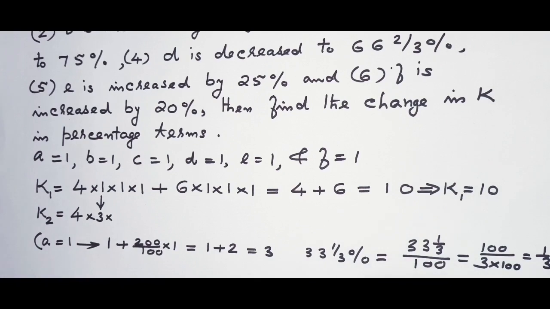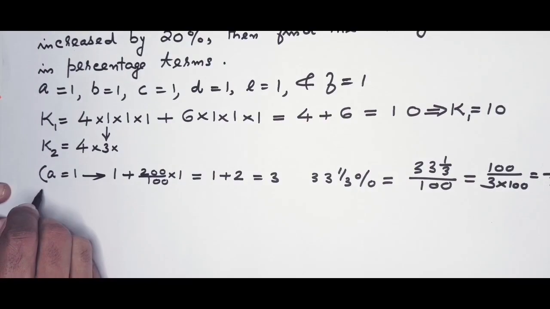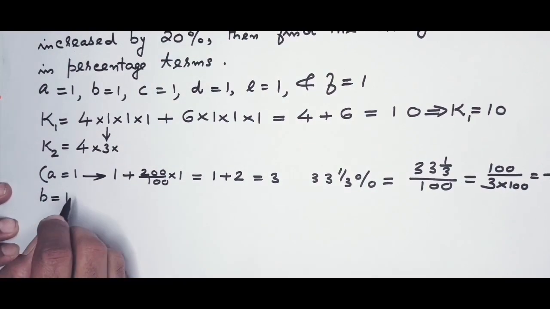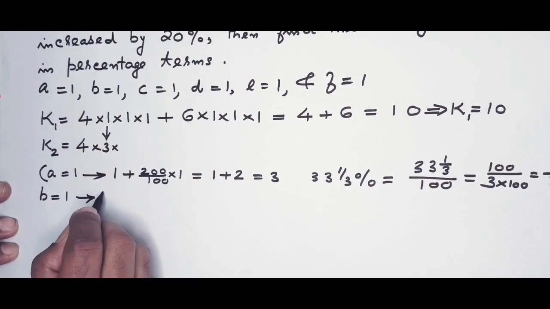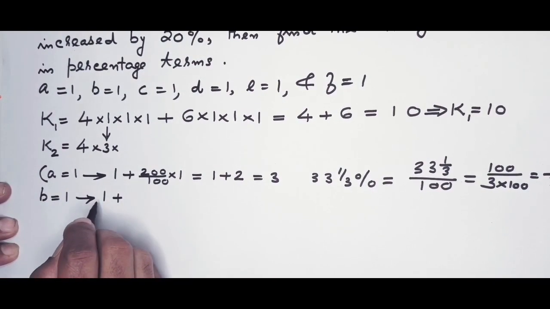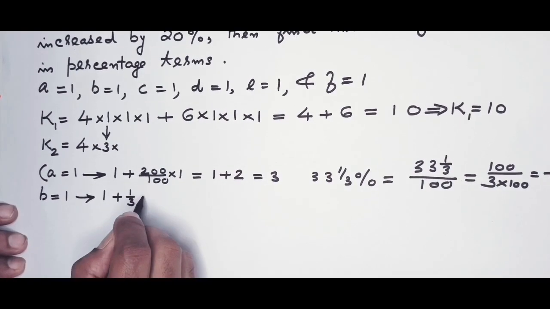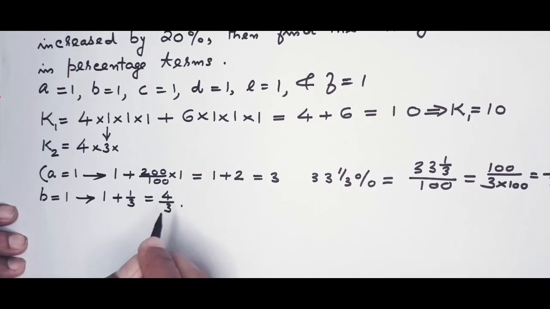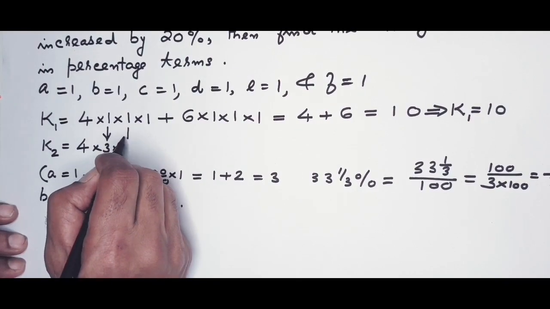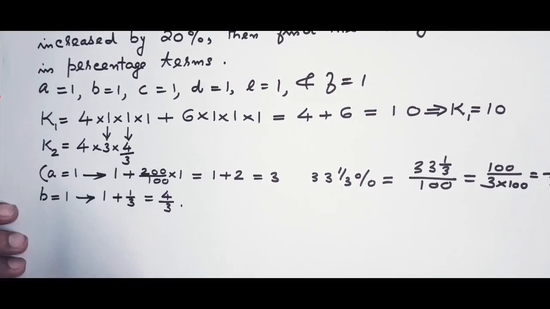To find 33 and 1 by 3% of a number, just find 1/3 of the number. B's original value 1, when increased by 33 and 1 by 3%, is increased by 1/3 of 1, which is just 1 by 3, and that becomes 4 by 3. So let me write, 1 changes into 4 over 3.